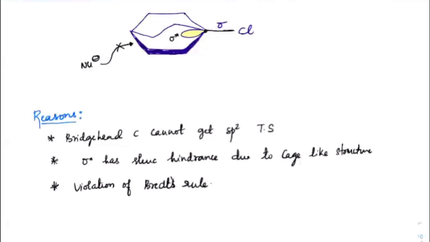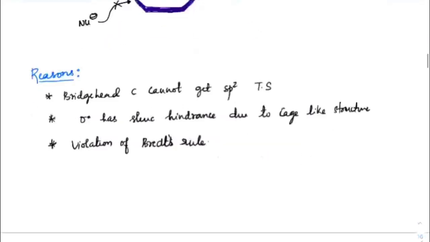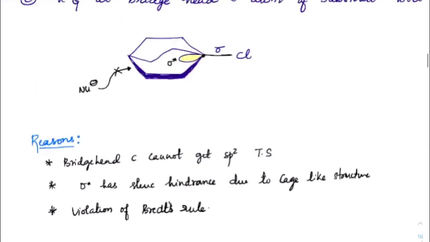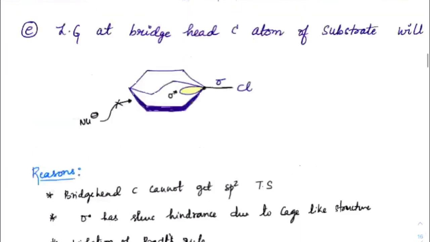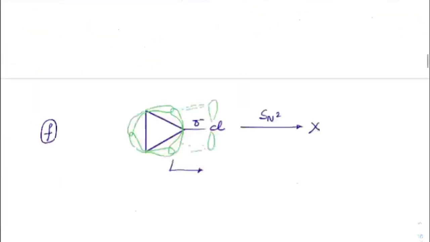So Bredt's rule tells us that we can never get any kind of sp2 hybridized intermediate, double bond, or carbocation on the bridgehead carbon. So it is a violation of Bredt's rule also. Hence, there won't be any attack of nucleophile on bridgehead carbons. So no SN2 reaction happens here.